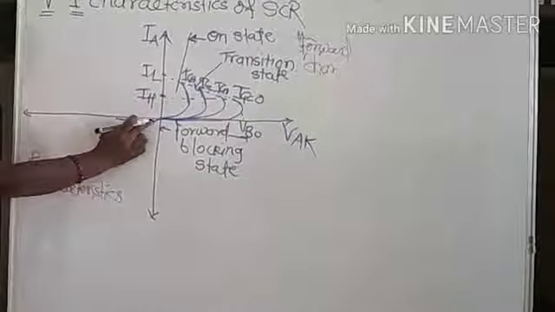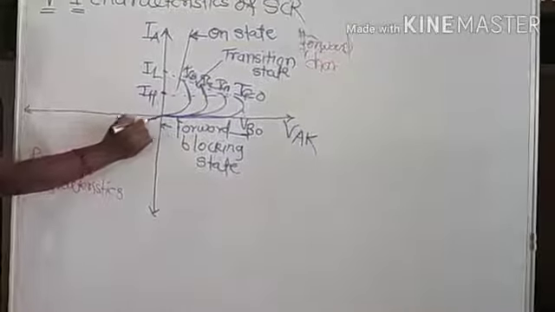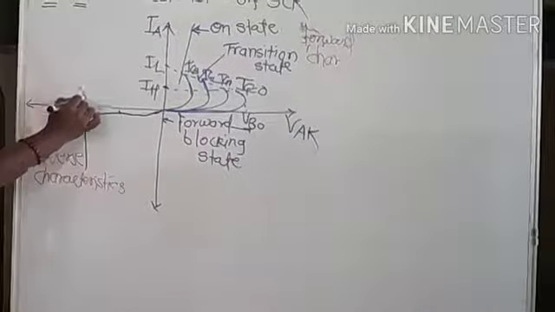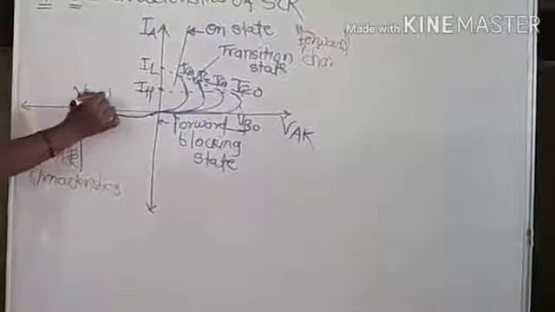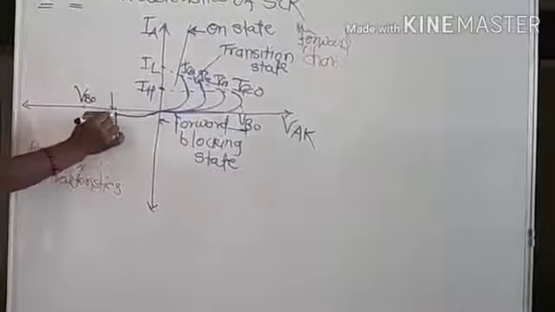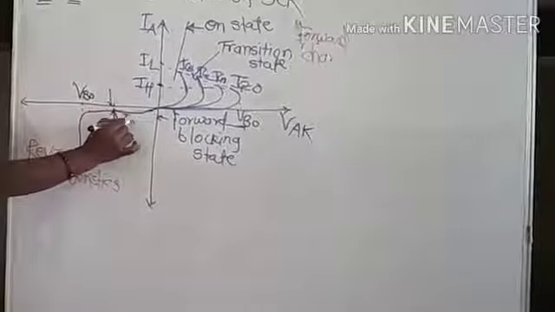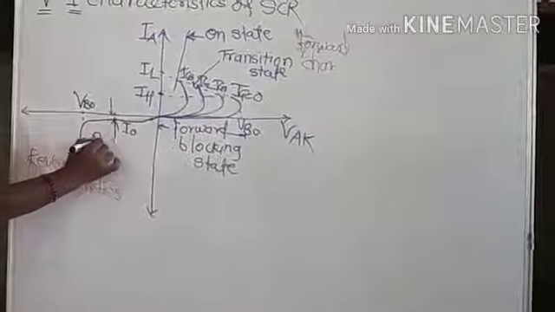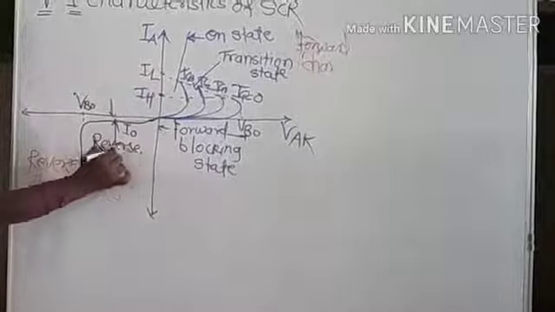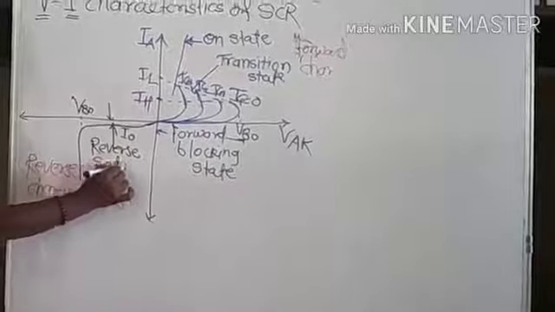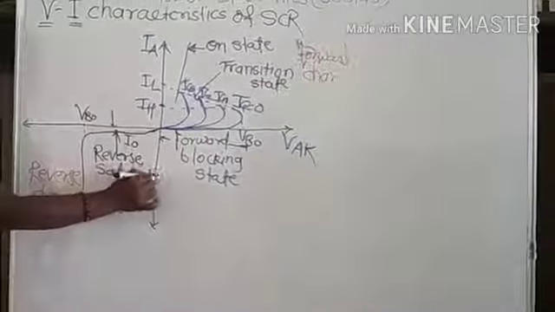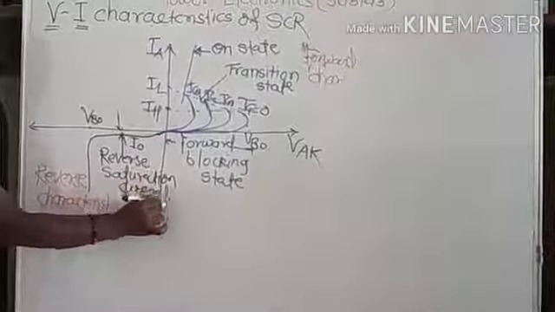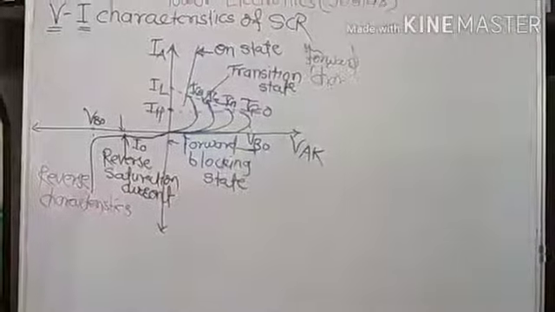I will draw the reverse characteristics. This is the reverse breakover voltage, and very small amount of current flow called as a I0, or this current is called as a reverse saturation current, and also called as a leakage current, which flows in very small amount.